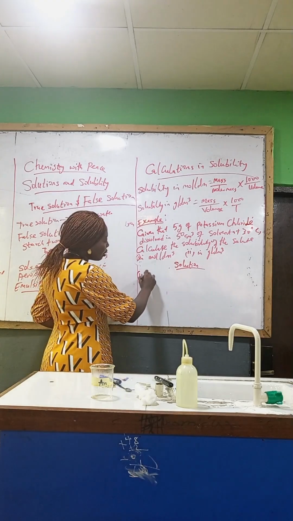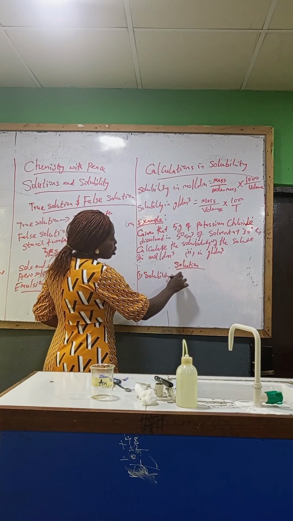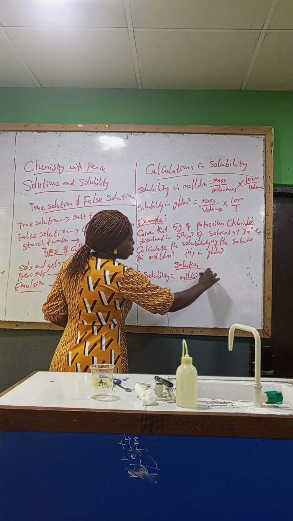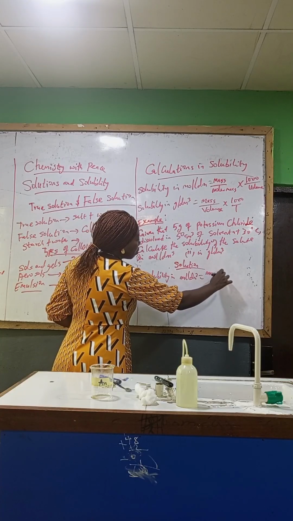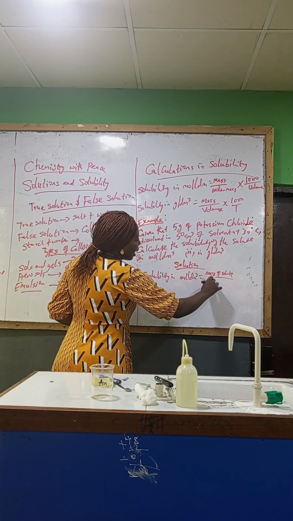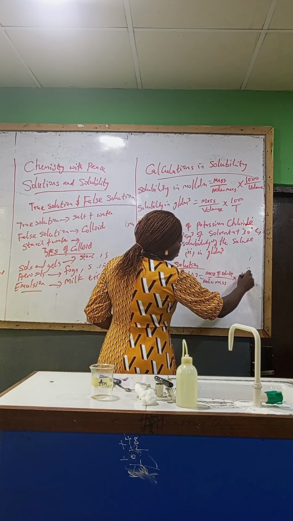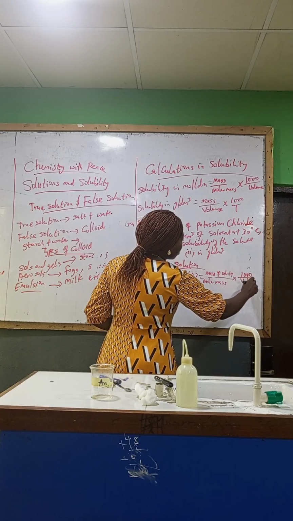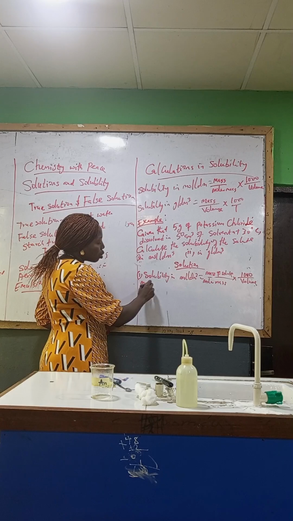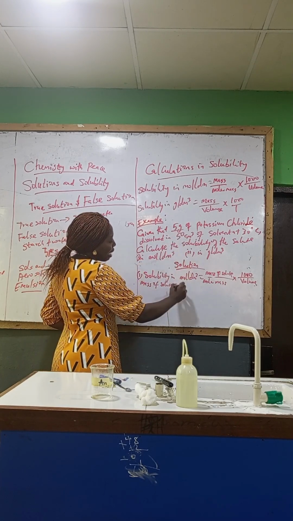Solubility in mole per dm cube is equal to mass of solute over molar mass times 1000 over volume. Looking at this question, the mass of solute is given as 5 grams.